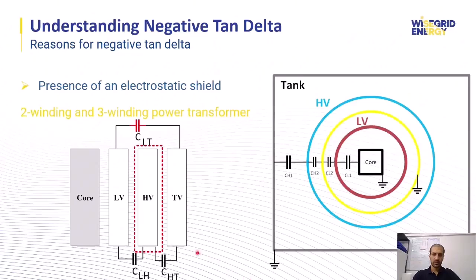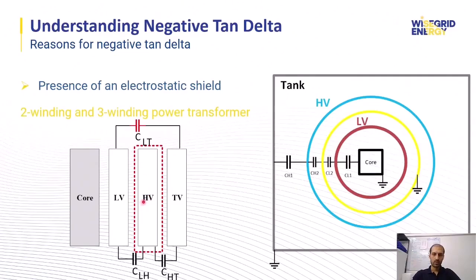Another case arises in three winding transformers. For example, when testing the three winding transformer, in this case CLT, the capacitor between LV and tertiary winding, the HV winding is connected to the guard terminal of the tan delta test device.